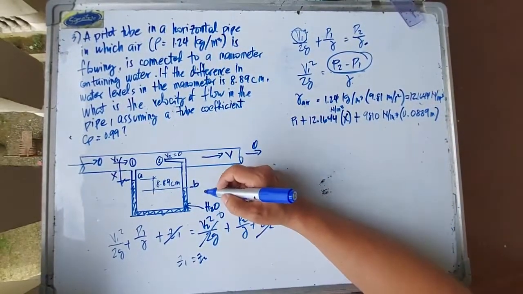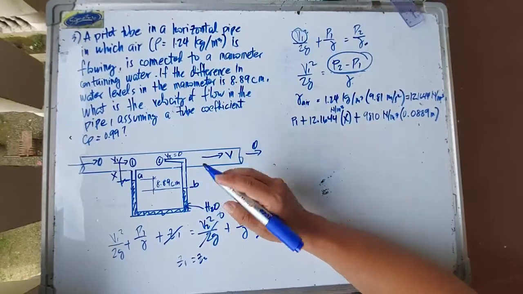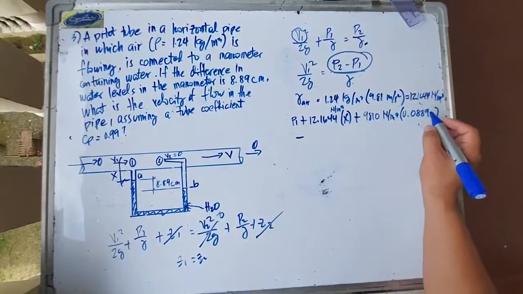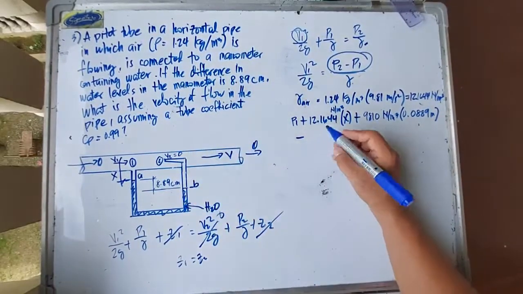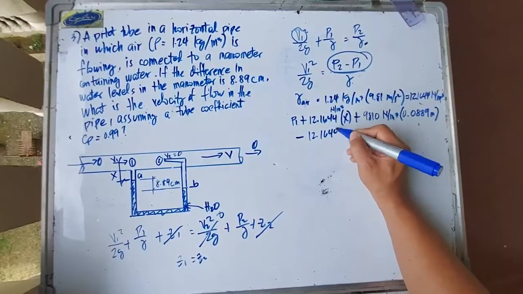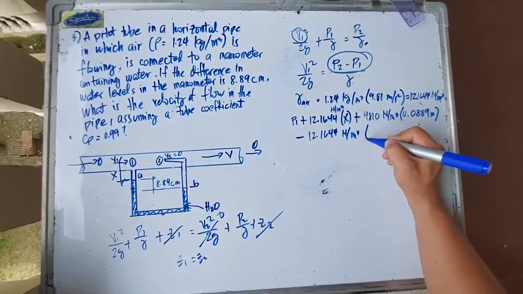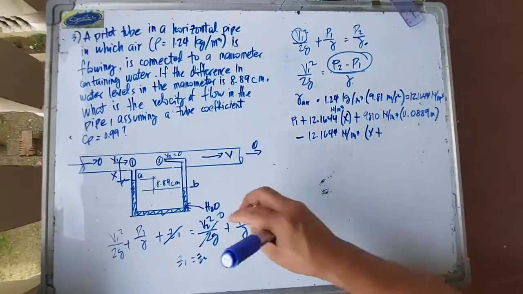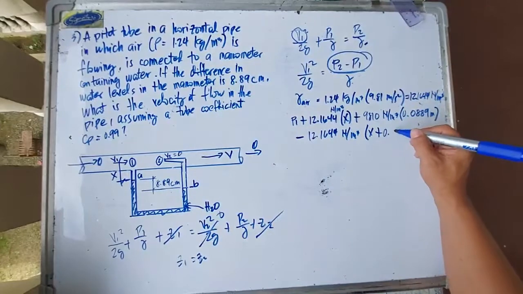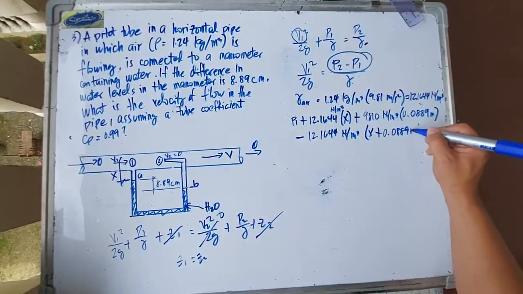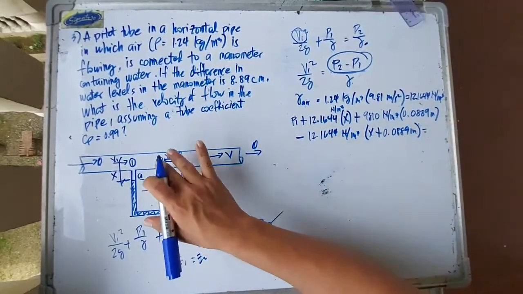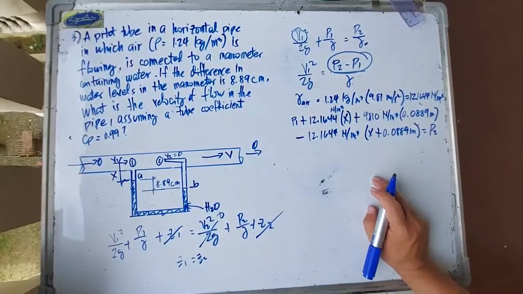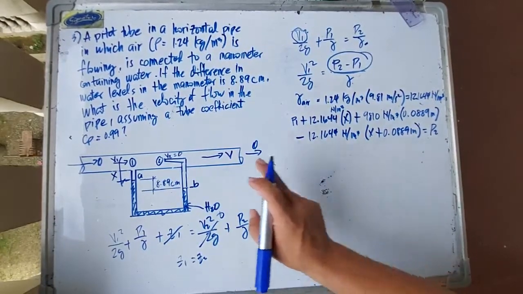Then from point B to point 2, we go up, so minus. We have gamma of air, 12.1644 newtons per cubic meter, times the distance, X plus 0.0889 meters. That should be equal to the pressure at point 2. So we simplify this entire equation.